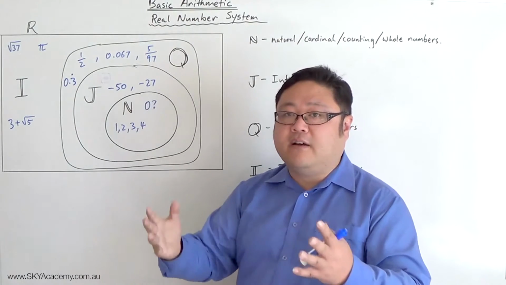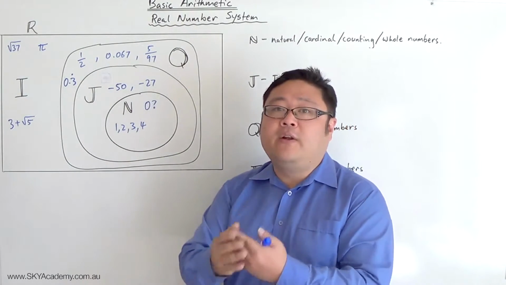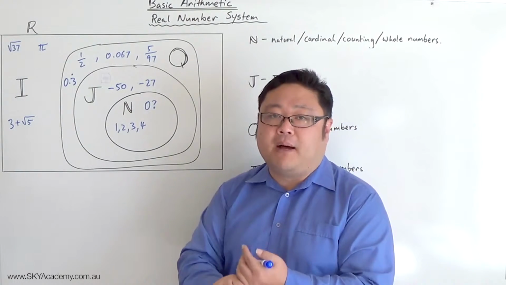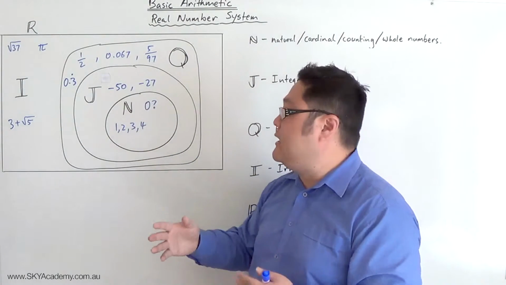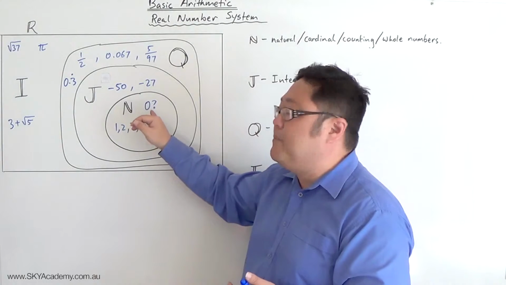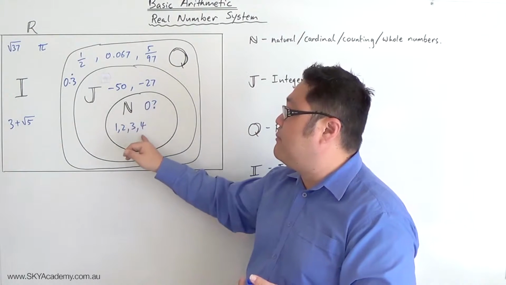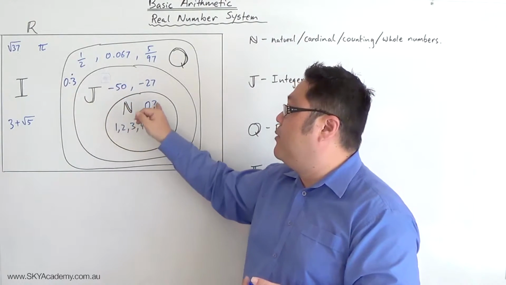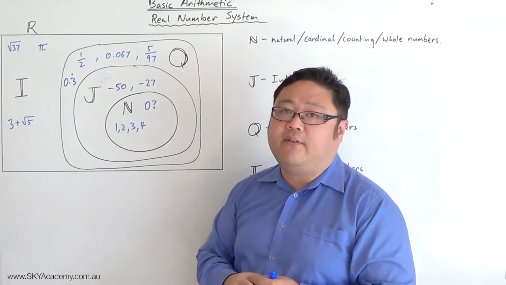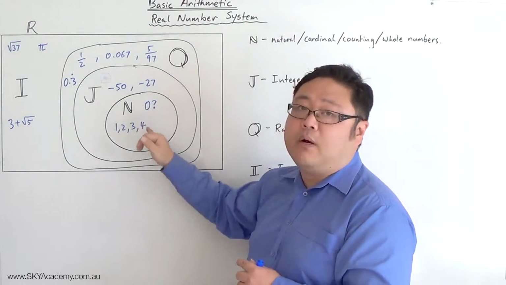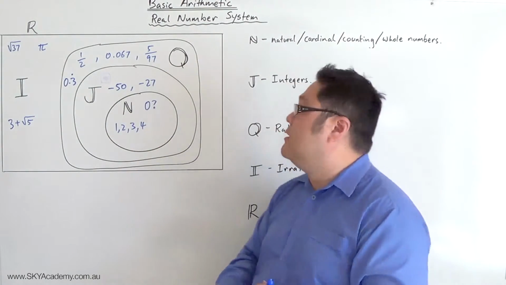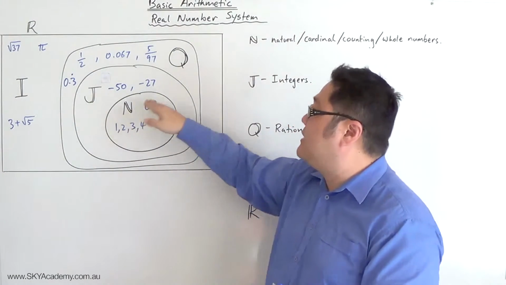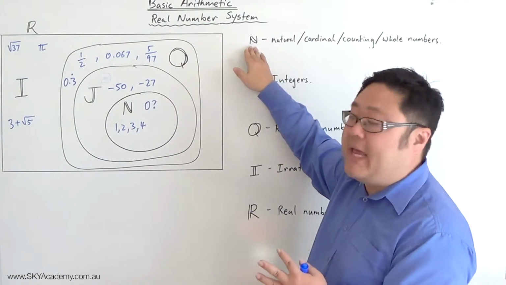The whole idea of accepting a non-number, or a number that represents non-existence, as a number is really only a modern idea. So there's often debate about whether 0 is a natural number or not, although it definitely is an integer. We're going to include 0 in our natural numbers. So that's what natural numbers are, and it's represented by the capital N.